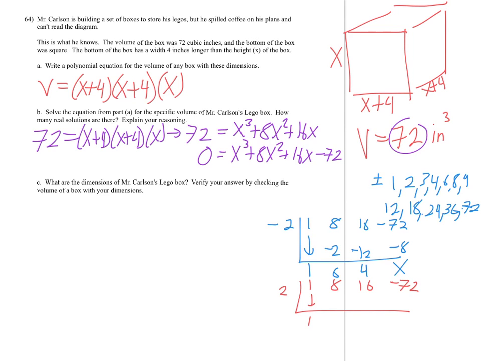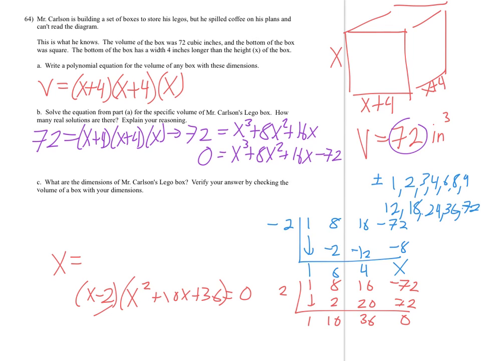All right, we got 1, 2, 10, 20, 36, 72, and 0. Nice. So that's going to be x minus 2, and we've got x squared plus 10x plus 36 is equal to 0. That's when x equals 2. By the way, that's going to be our answer.